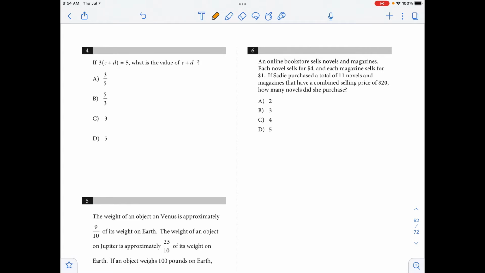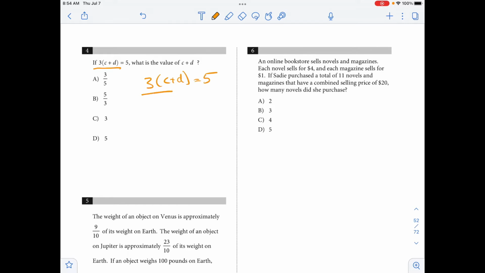The next one says, if 3 times c plus d equals 5, what is the value of c plus d? So 3 times c plus d equals 5, and we're looking just for c plus d. So in this case, we want to solve for c plus d.